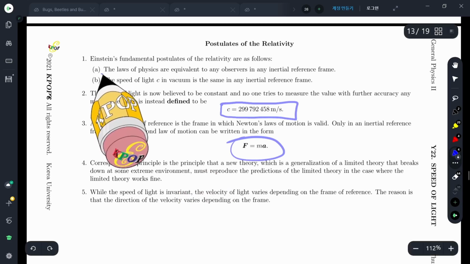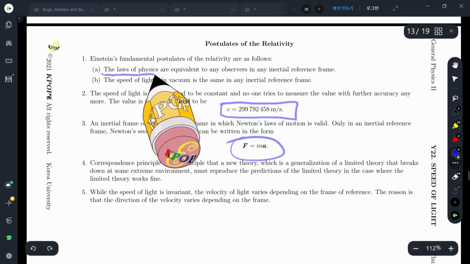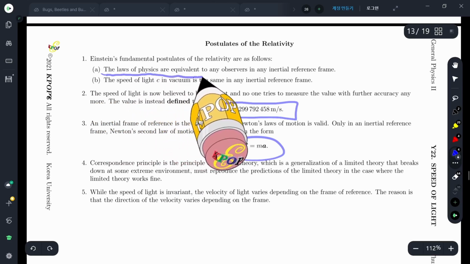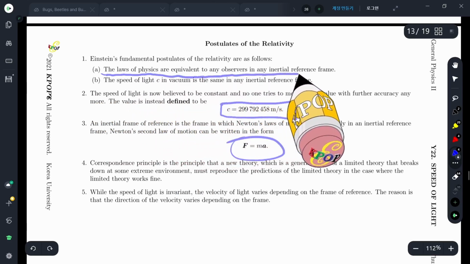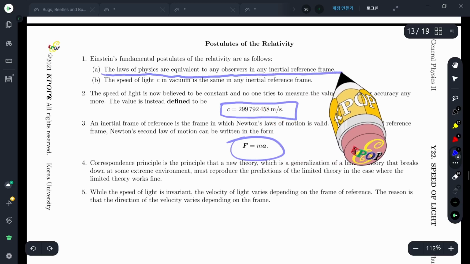The laws of physics are equivalent to any observers in any inertial reference frame. So if you write Maxwell's equations in some reference frame, and if you boost the frame to somewhere else, then you will also find the same equation. That's the invariance of physics laws in any inertial reference frame.